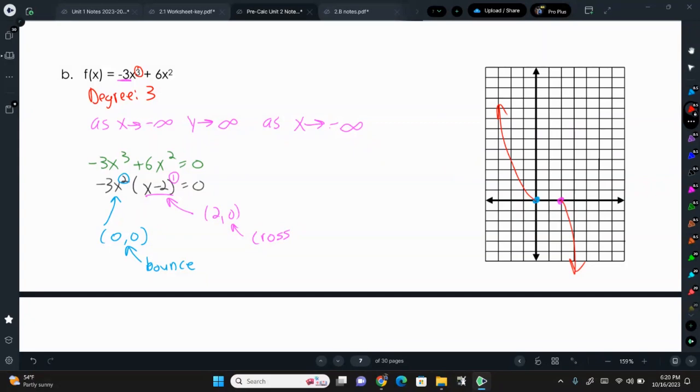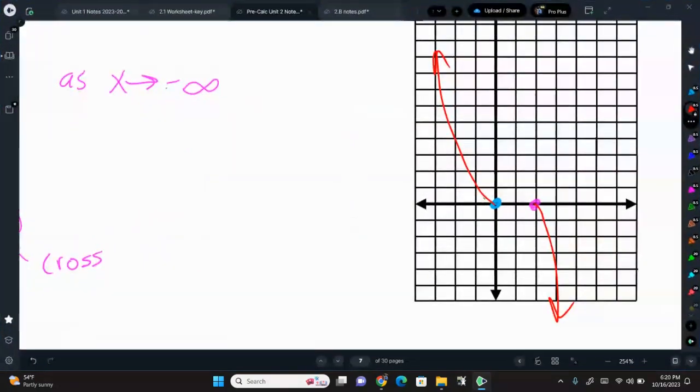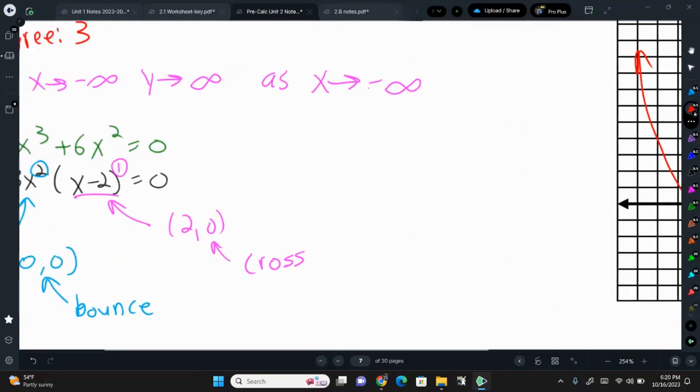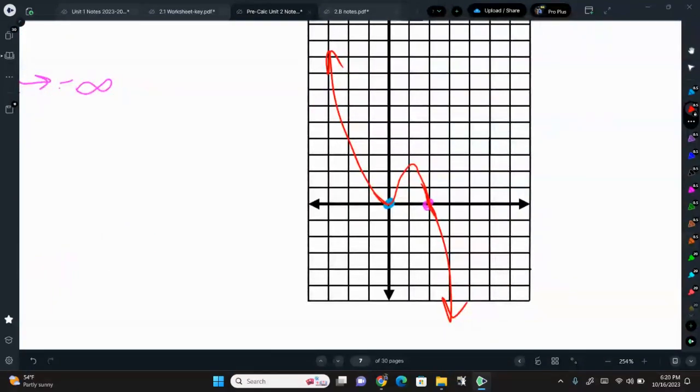And at 0, 0, we should bounce, which again makes this a turning point. So it's got to come down and then come back up. And then it's got to come back down eventually to touch the pink one. And our graph already crosses there, and we can verify that we should cross at that point. So this would be our graph.